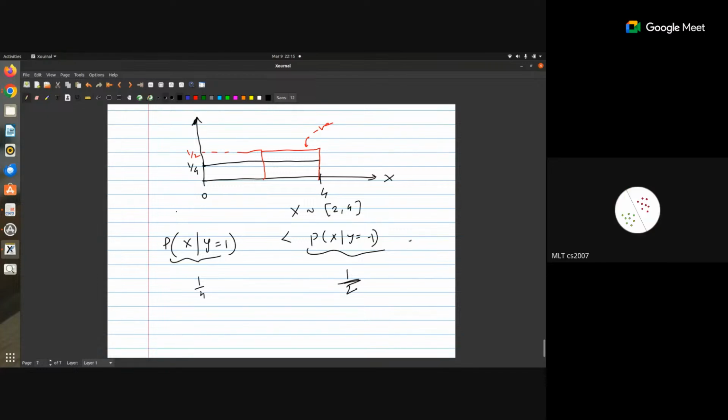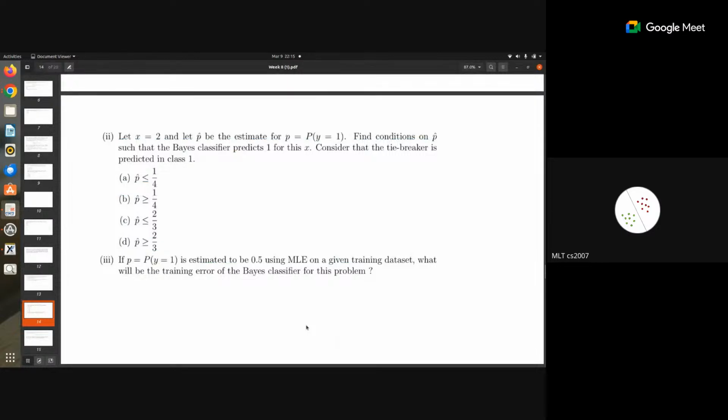For between 0 to 2, it will always give me the positive class, because the distribution of x given y equal to minus 1 will be 0 for 0 to 2. So it will never misclassify, right? You're saying yes, that is correct, and the training error should then be 0, right? Yes, that is correct, I think that is fine.